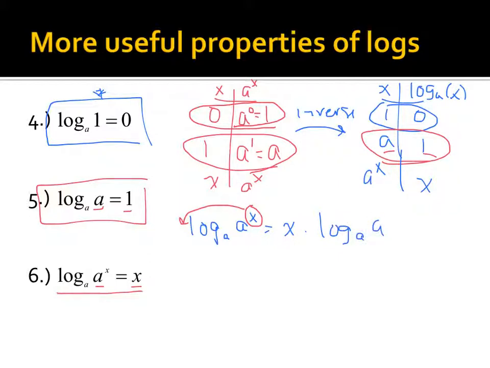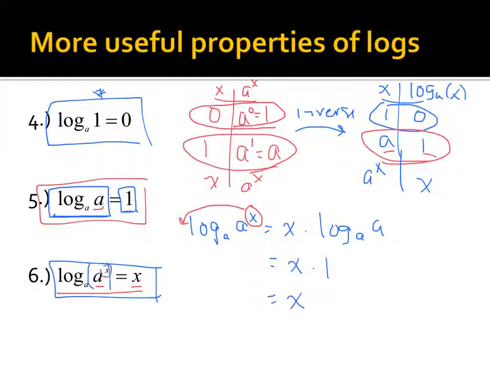But property number 5 says that if you have the log a of a, you can replace this with a 1, which means that I can write this as x times 1, and x times 1 is x. And that's exactly what this property is trying to tell us. Whenever you have a log, if your input is a to some power, whatever the power is, that's actually the output. Okay, so this is going to help us in solving.